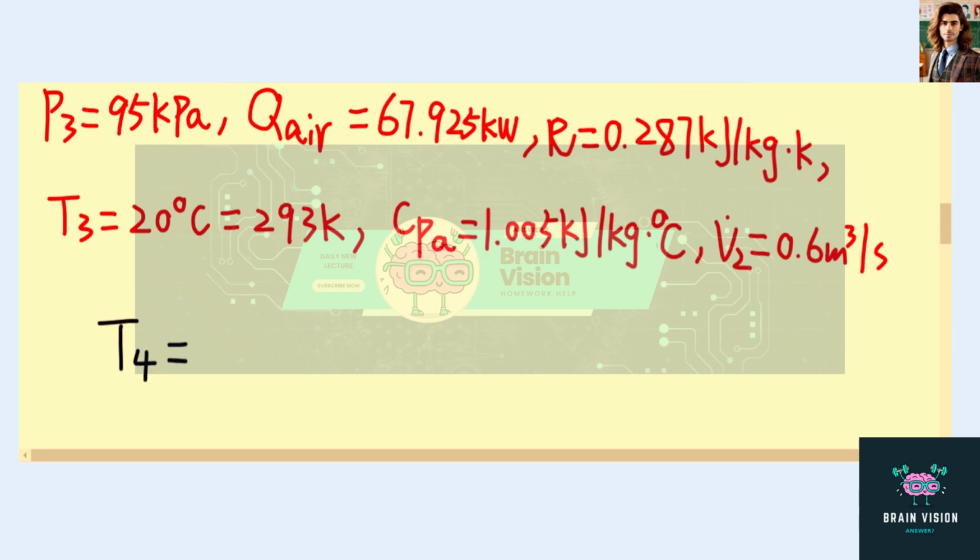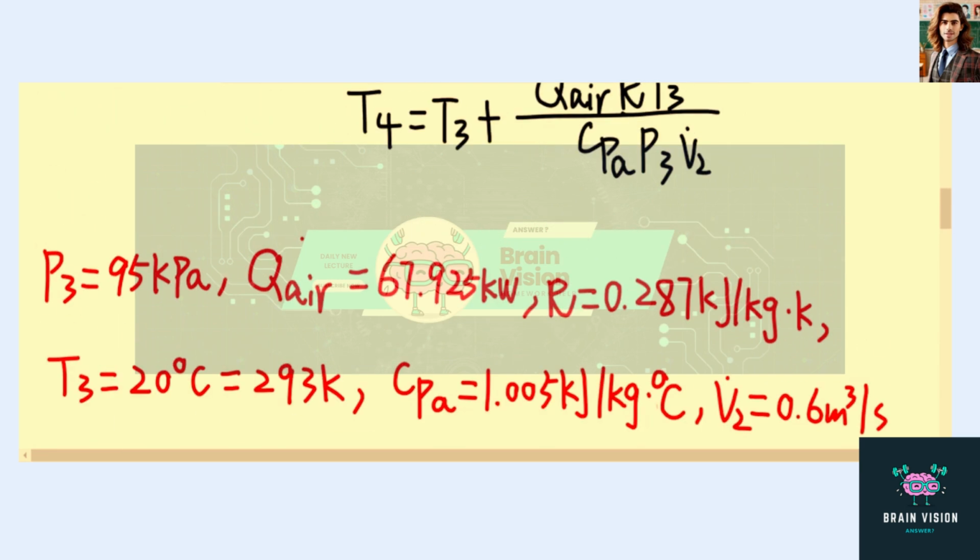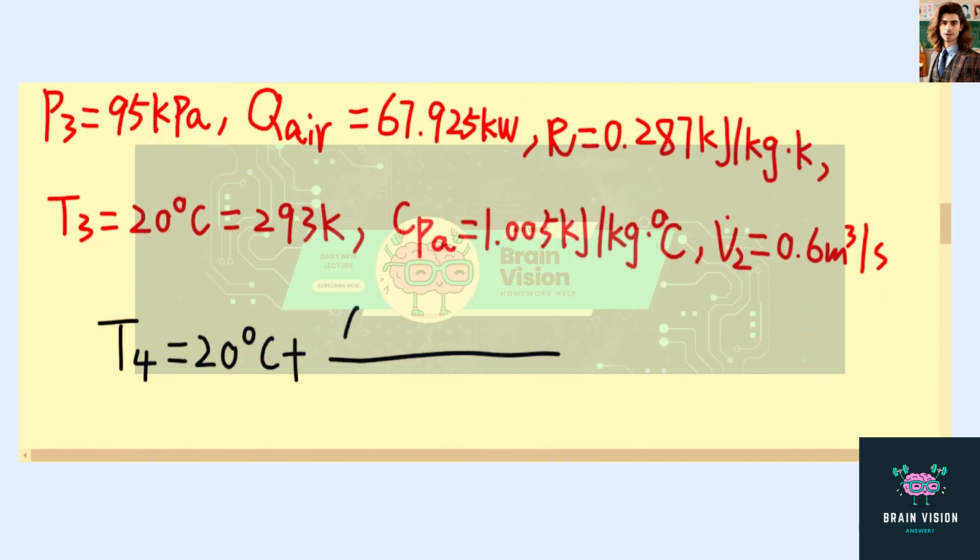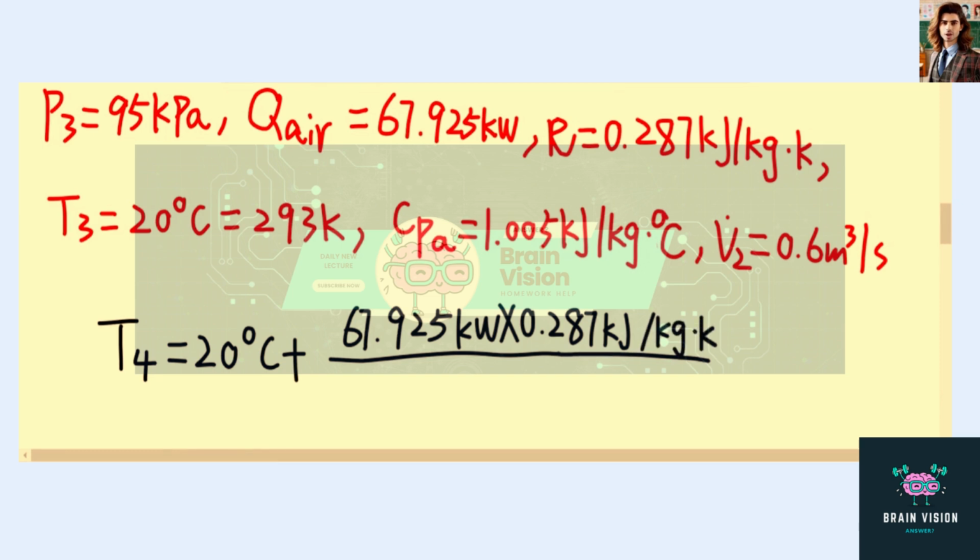So we have T4 is equal to 20 degrees Celsius plus Q dot air, which is 67.925 kilowatts, and then times RT3, which is 0.287 kilojoule per kilogram times Kelvin, and then times 293 Kelvin.